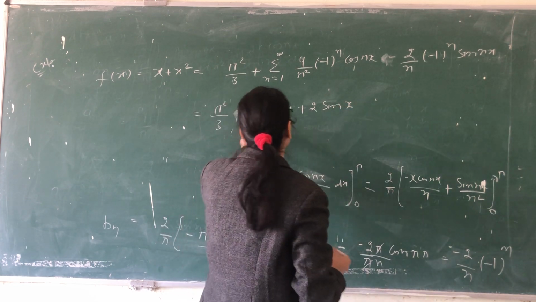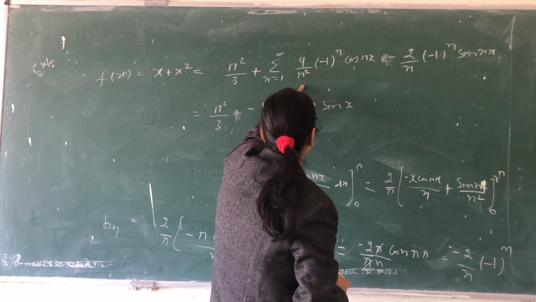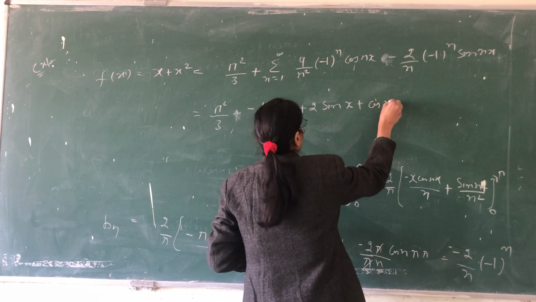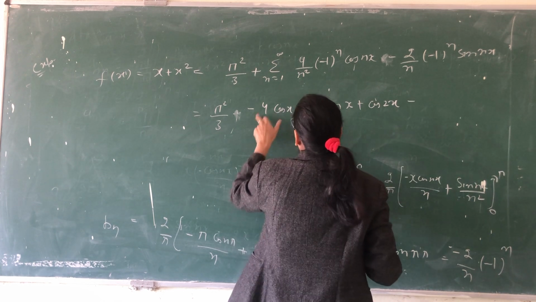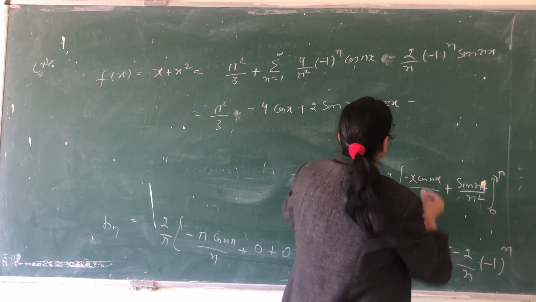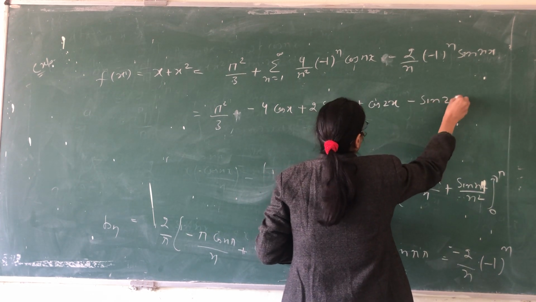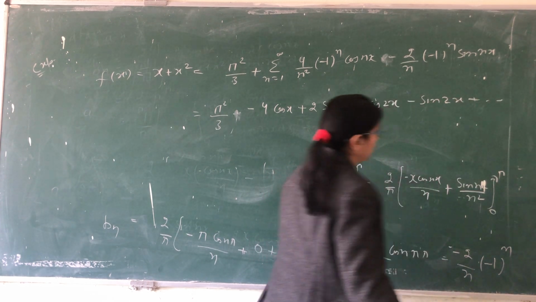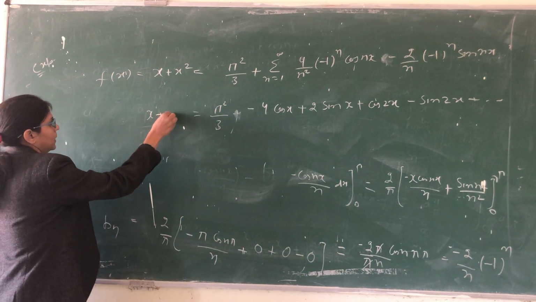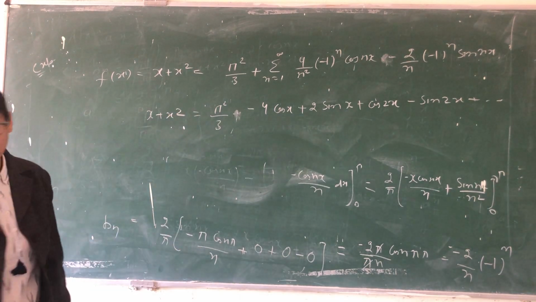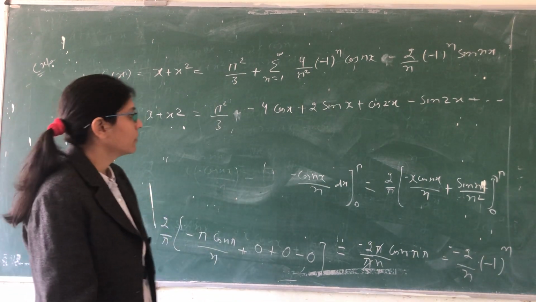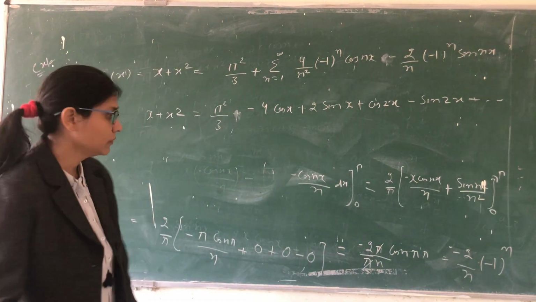When n equals to 2, this is 4 over 4 to 1 positive cos 2x, and 2 upon 2, minus 1 का square 1, so this is sin of 2x and so on. ऐसे हमने फंक्शन को फूरियर सीरीज के फॉर्म में लिख दिया है. दिस इज x प्लस एक्स स्क्वायर इक्वल्स टू पाई स्क्वायर ओवर 3 माइनस 4 cos x एंड सो ऑन. ऐसे हम इस फंक्शन को लिख सकते हैं ना.